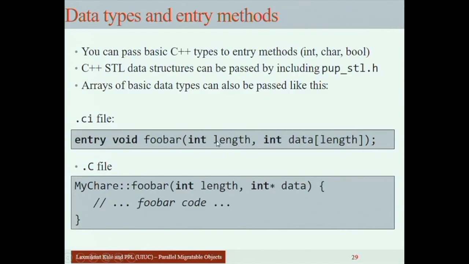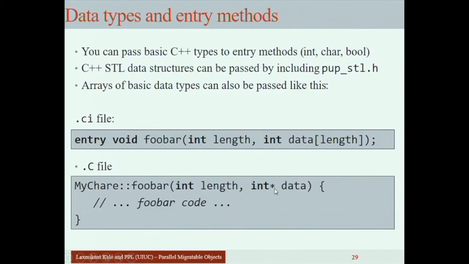So in this case, it's length, or it could include read-only variables, or some function of those. Like you could say int data[length*length], or int data[length*x], where x is a read-only int, right? And so any expression is okay, but you have to have an expression.